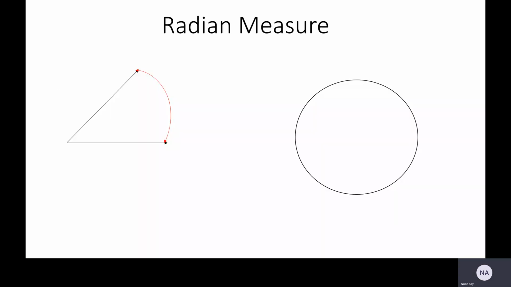Yeah, we look at another manner in which we can measure angles, and this is known as radian measure. Now, previously in trigonometry, or whenever you came across angles, you measured that in degrees.